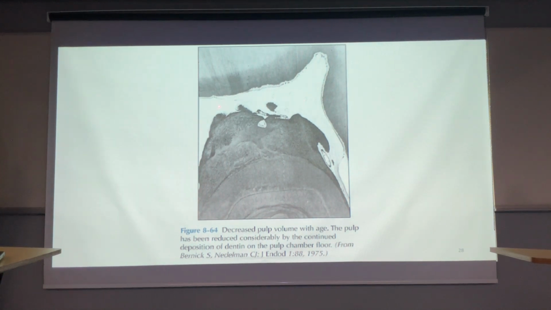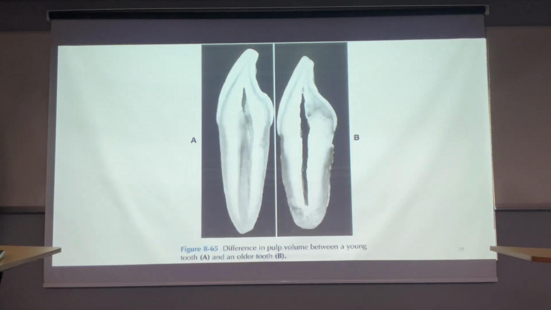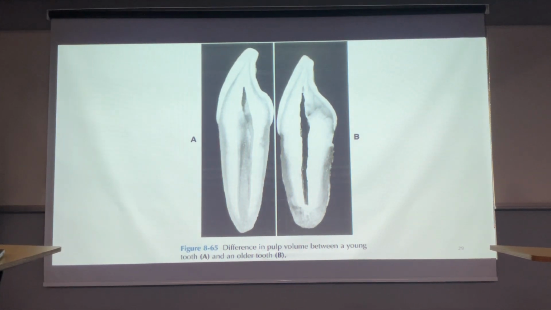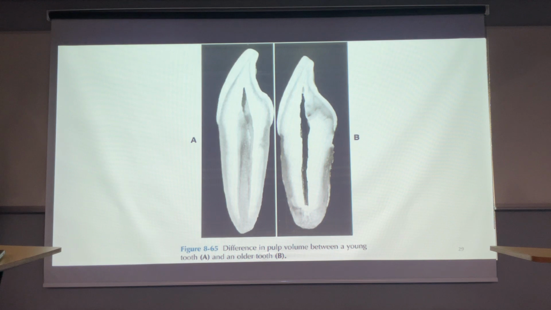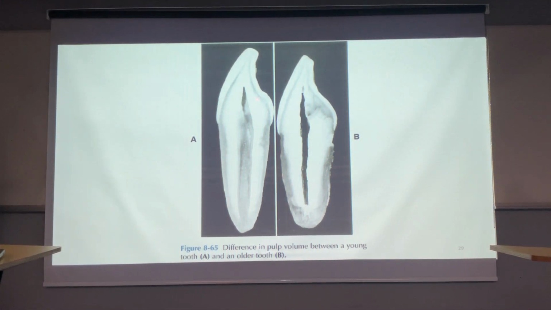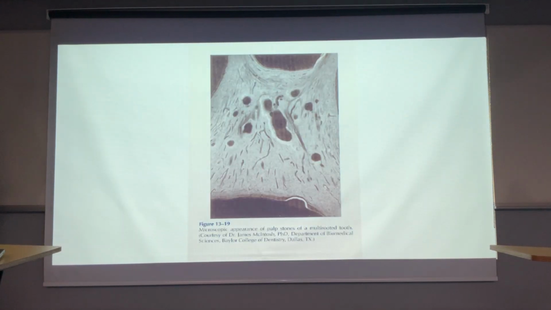Look at this part, you can see the pulp volume decreases. Look here, again, we can see the difference in volume between this pulp area and this pulp area. You can see the decrease in pulp level.